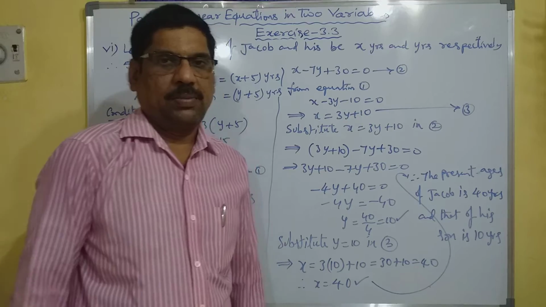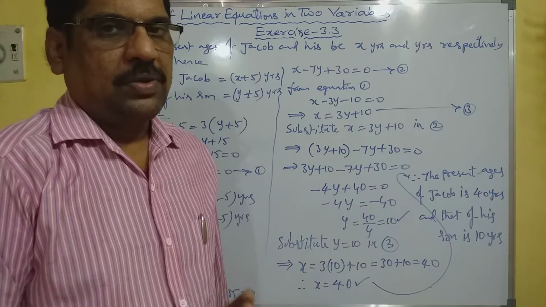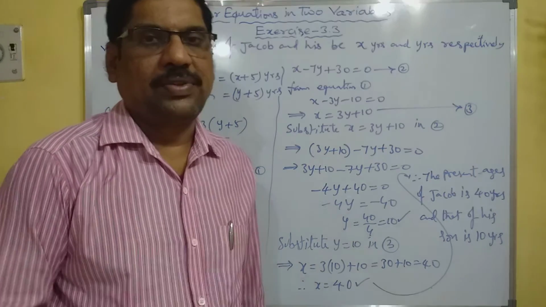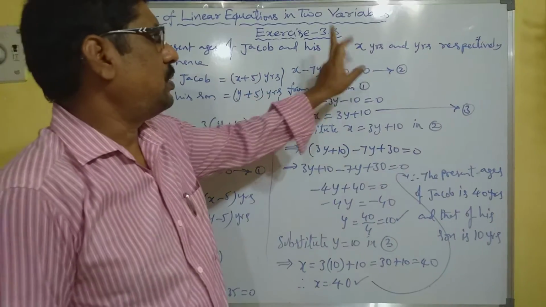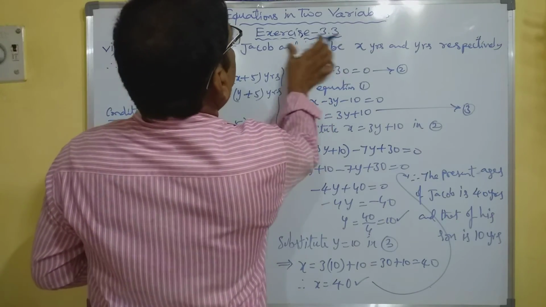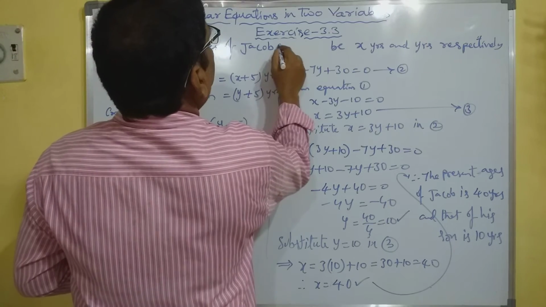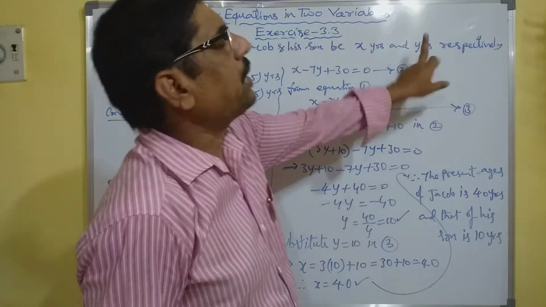Okay, let me explain the problem once again. Here he has given two conditions about the ages of Jacob and his son. Okay, so we have taken, let the present age of Jacob and his son be x years and y years.